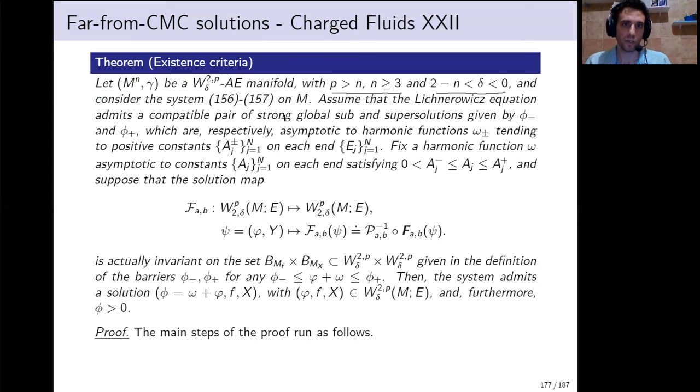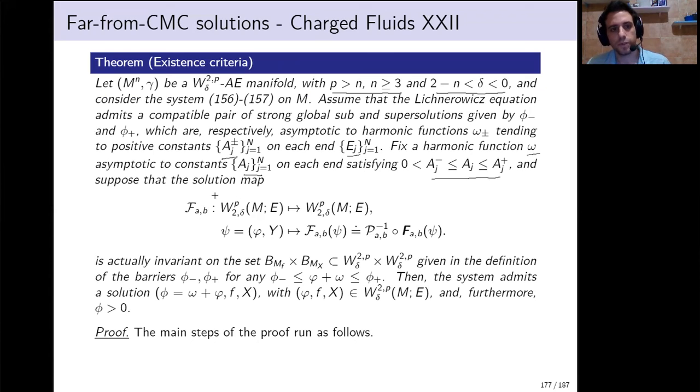And assume that the Lichnerowicz equation admits a compatible pair of strong global sub and supersolutions, phi minus and plus, which are respectively asymptotic to certain harmonic functions, omega plus and minus, and these tend to certain fixed constants at infinity on each end. In this context, fix some harmonic function omega, which is asymptotic to constants in between the constants of the sub and supersolution in each end.